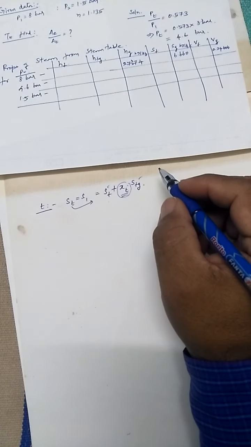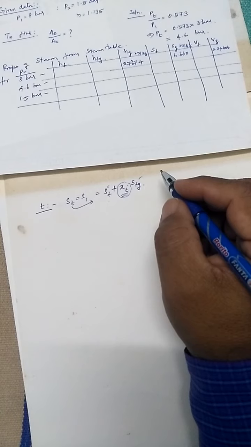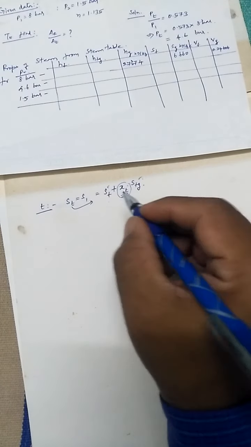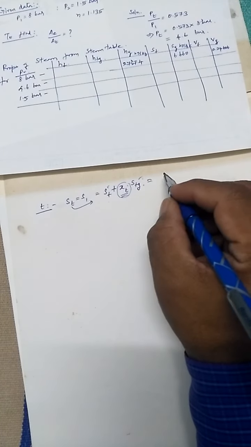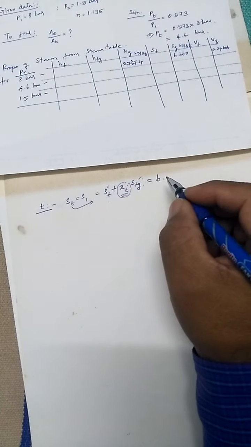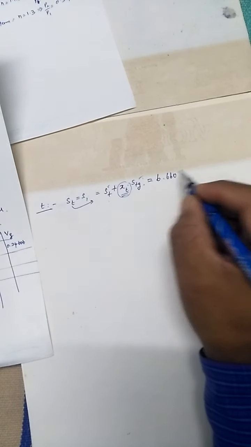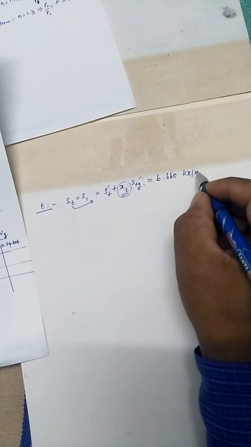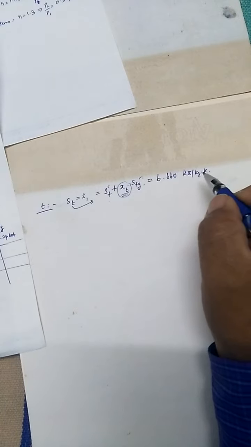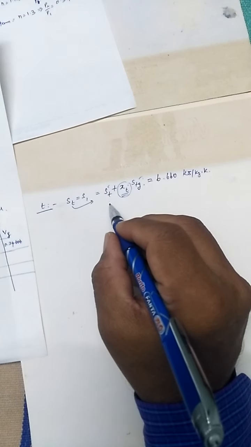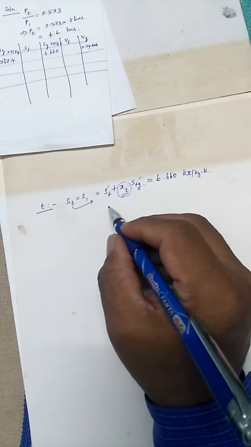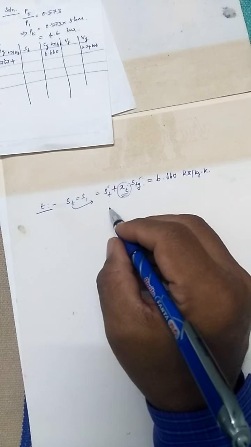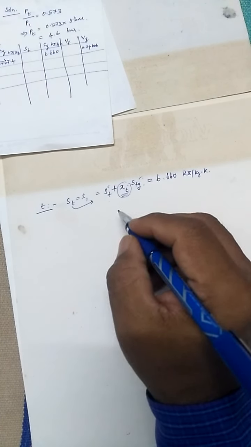This is equal to S1, that is the Sg value, 6.660 kilojoules per kg Kelvin entropy. Sf you have to take from the table, it is 1.829, please check it.